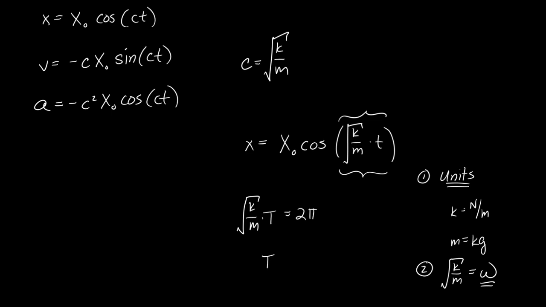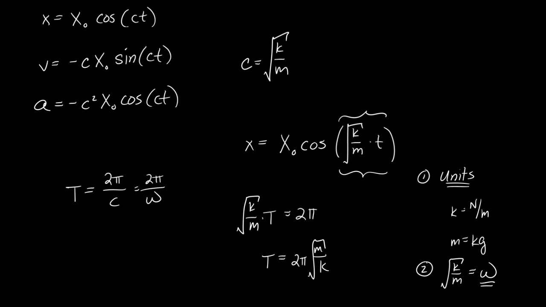That means that the period is 2 pi times the square root of m over k for a spring mass oscillator. That also means the period is 2 pi divided by c, or 2 pi divided by omega for the generic oscillator. This is in your equation sheet.